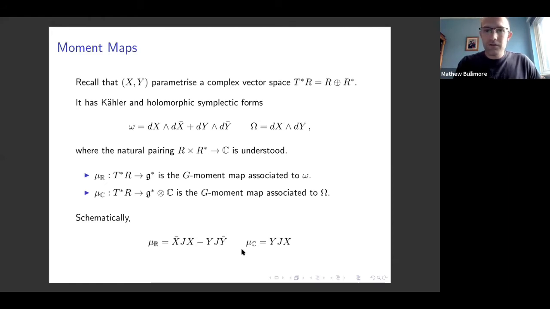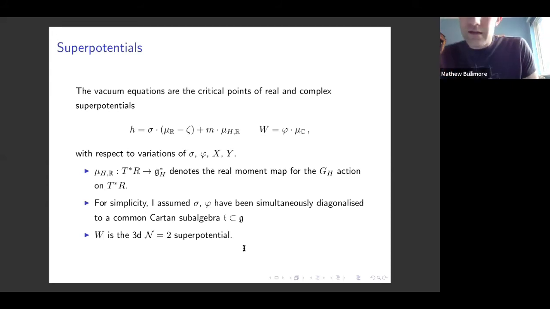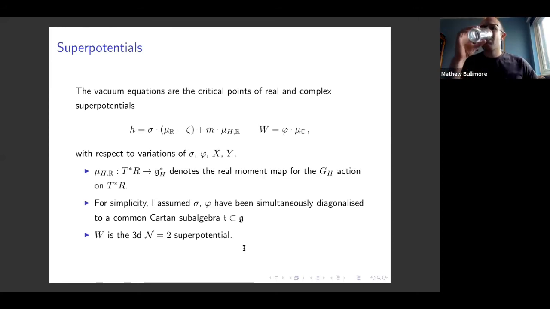Okay. So these equations are a bit of a mess, but there's a nice way to think about them, which is useful for giving a more mathematical interpretation of what's going on, and will be important for what I want to say in just a moment. The way that it's useful to think about these vacuum equations is as the critical points of some function or some set of functions.